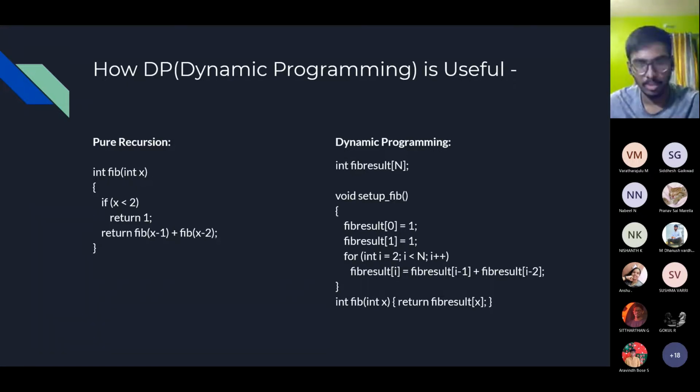When it comes to dynamic programming, here you see there is an initial function, fib result. The user would call the subfunction below, a void setup. This function is a void, you need not worry about this.